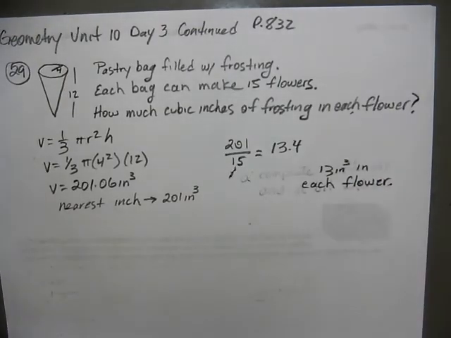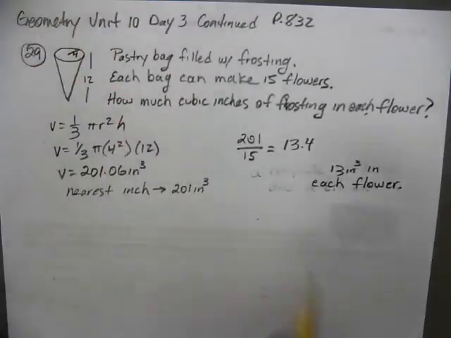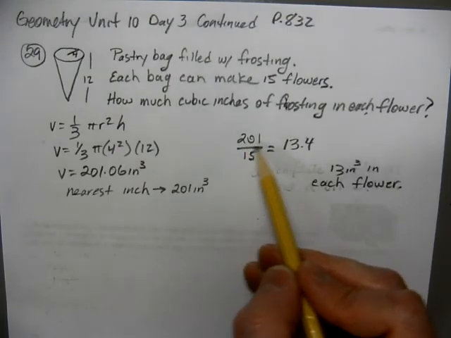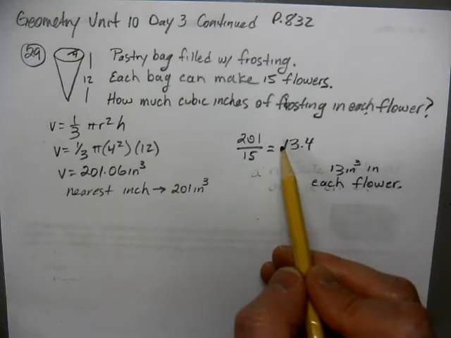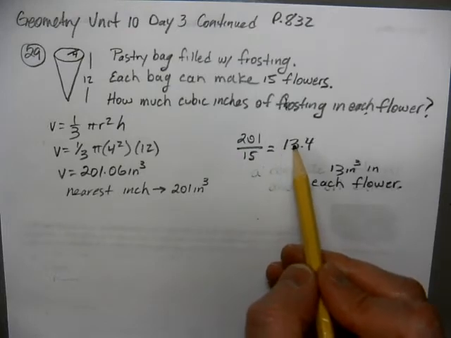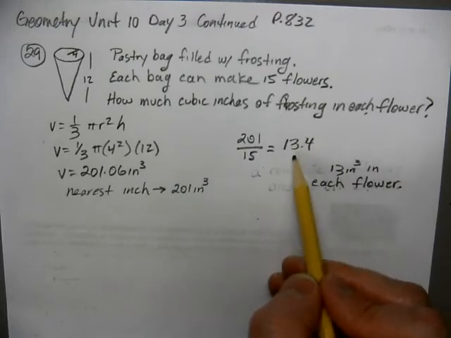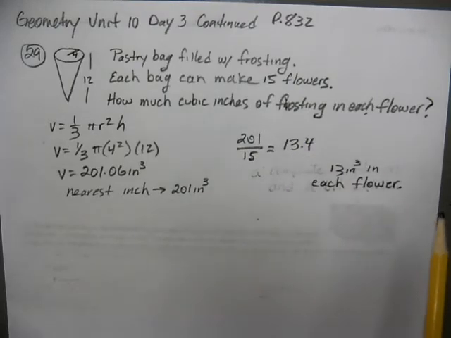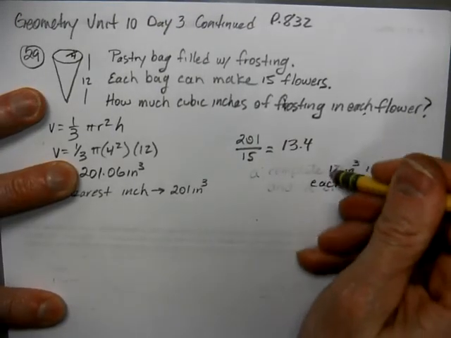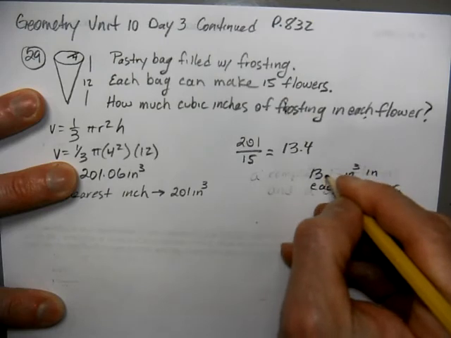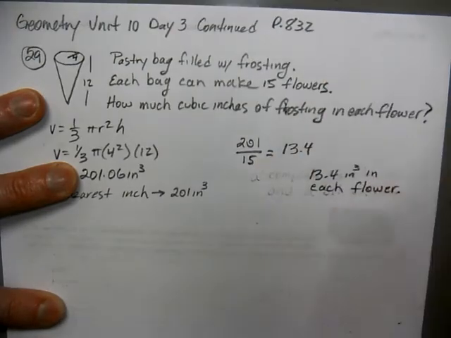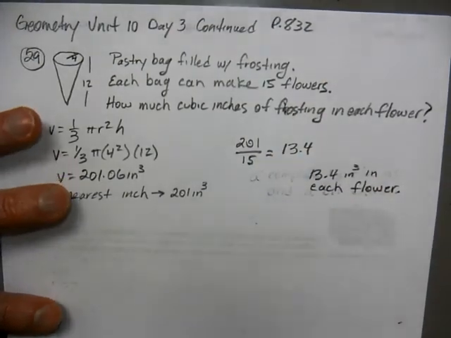I had to know what my answers were standing for. I took my total volume, divided it up into 15 different flowers, and we used 13.4 in each one. So let me use that 0.4 in my final answer also. 13.4 cubic inches.